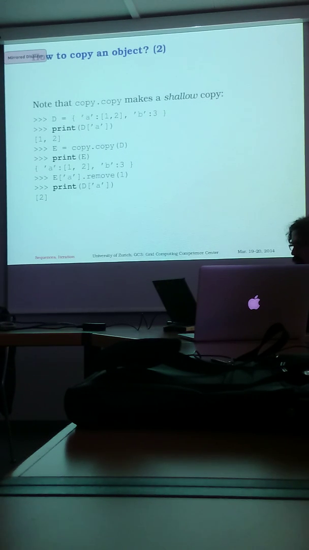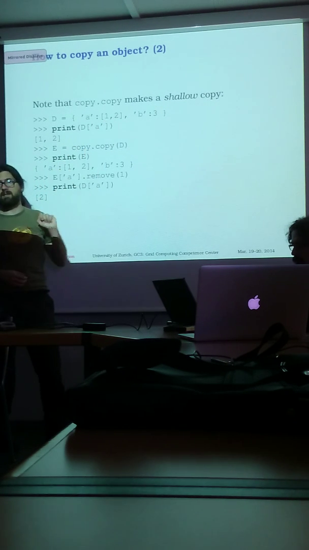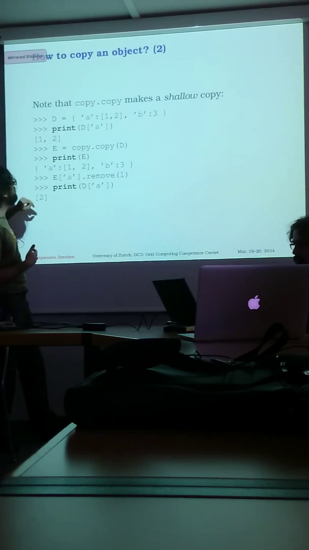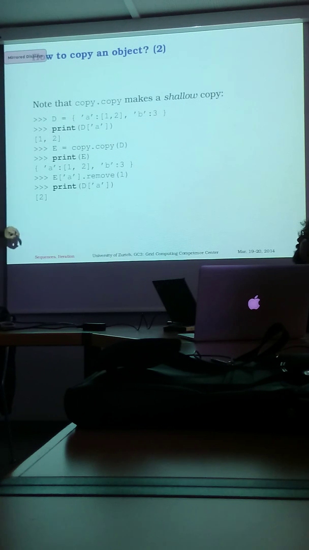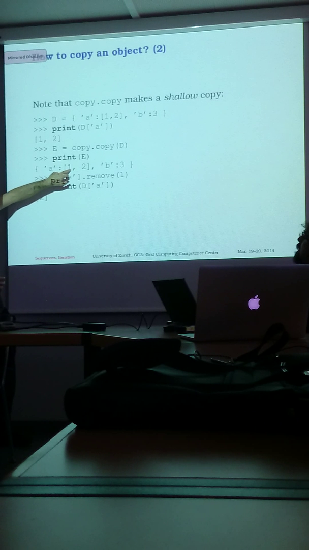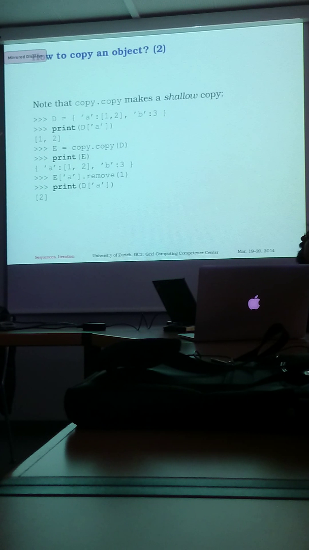For instance, if you have a dictionary and the value of the dictionary is a list, which is a mutable object, you create a copy of the dictionary, so E is now a copy of D. If you modify the value of this dictionary, even if it's the copy of the original dictionary, the list contained in the original dictionary is actually changed.